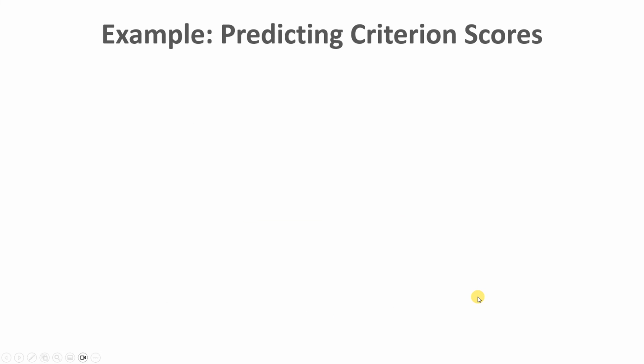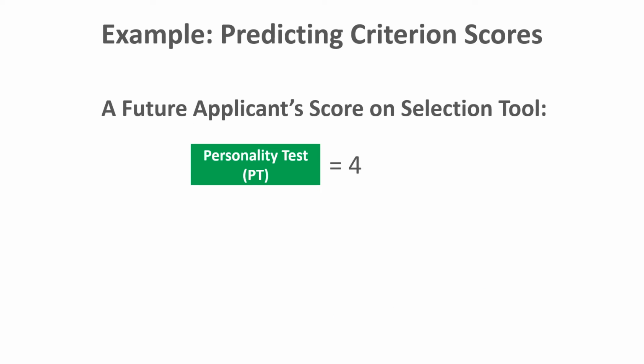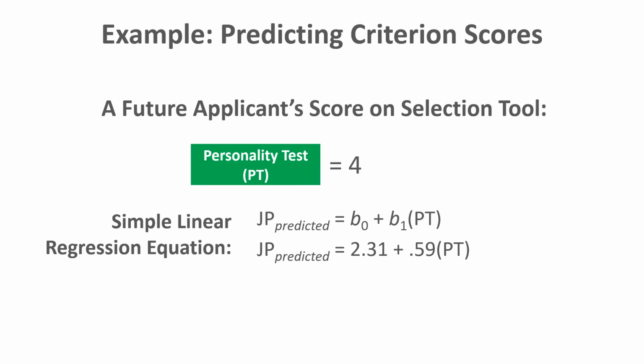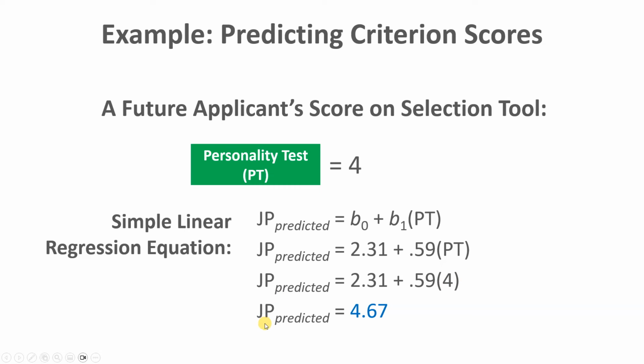So let's look at an example of that. Let's imagine that we have a future applicant, one applicant, and that applicant scores a 4 on our personality test. Now, using that same simple linear regression model equation that I showed you earlier, we can then plug in that applicant's score into our equation, follow basic mathematical orders of operation here, and we can then come up with a predicted score on our criterion variable of job performance here, which in this hypothetical example is 4.67.